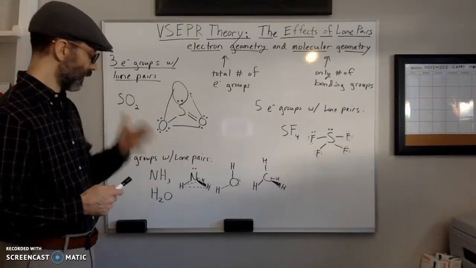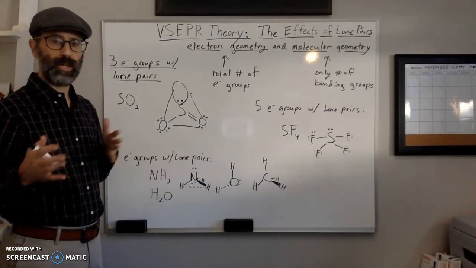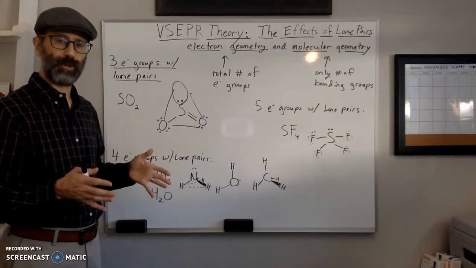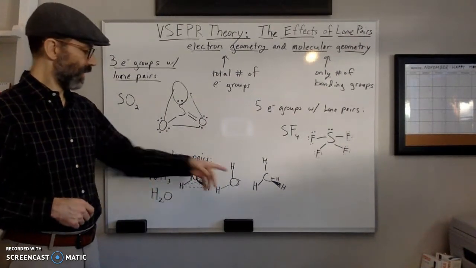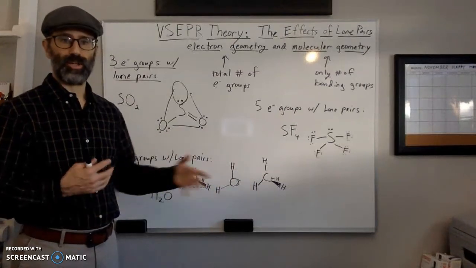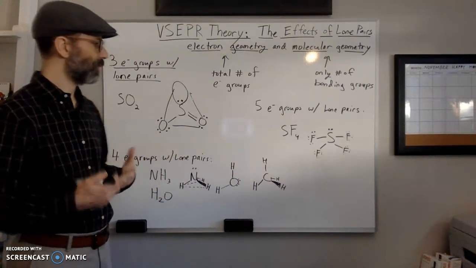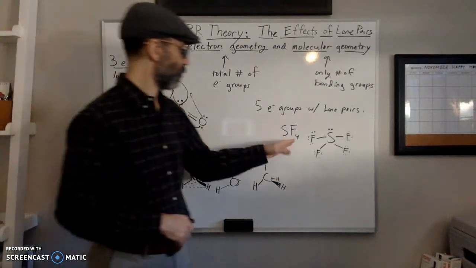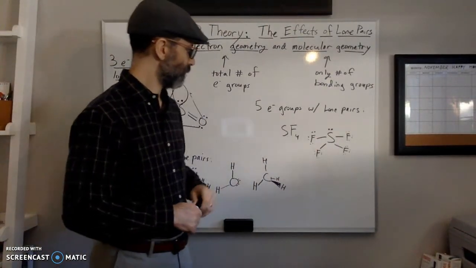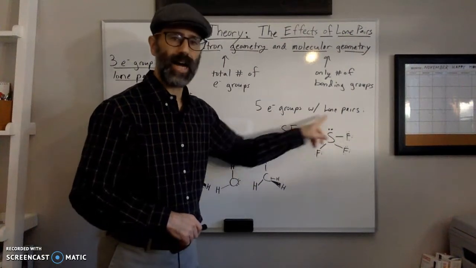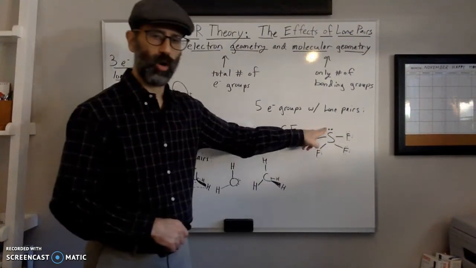So as you can see, the electron geometry and the molecular geometry are going to be different if you've got lone pairs. If you don't have lone pairs, then the electron geometry and the molecular geometry are identical to each other. There's no difference between them. And then you can see here with 5 electron groups, when we have 5 electron groups total, we have 4 bonding and 1 lone pair.